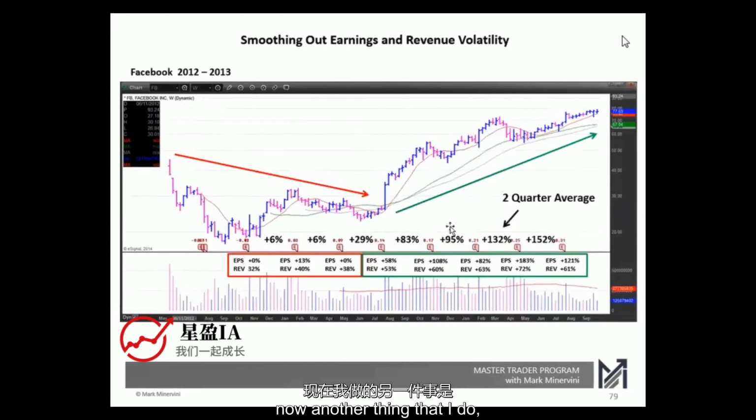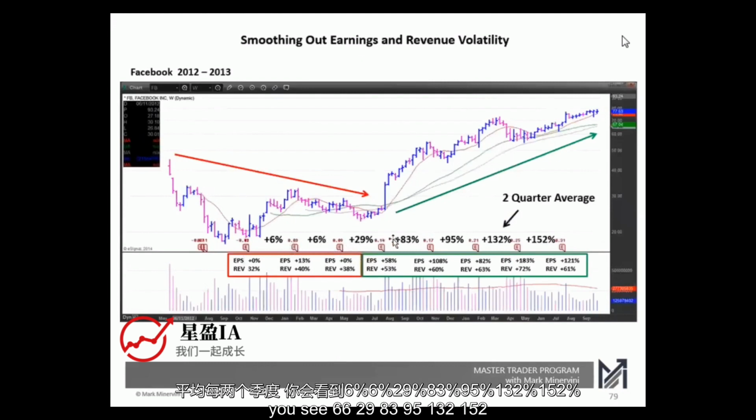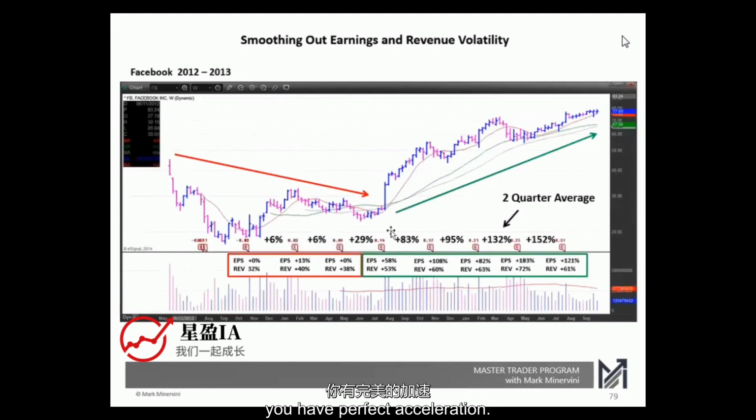Now, another thing that I do, if you don't have every quarter accelerating perfectly, I sometimes just look at a 2-quarter average, and I want to see the general trend. If you took a 2-quarter and you average each 2 quarters, you see 6, 29, 83, 95, 132, 152. You have perfect acceleration, and that's what's driving the stock.